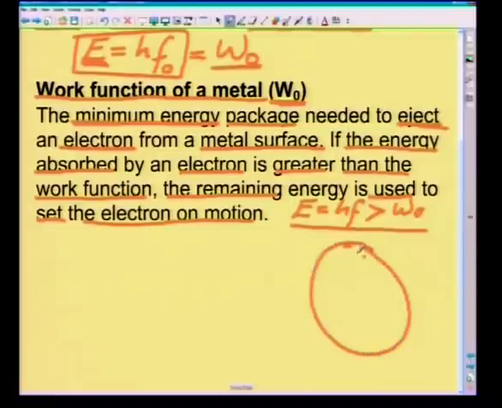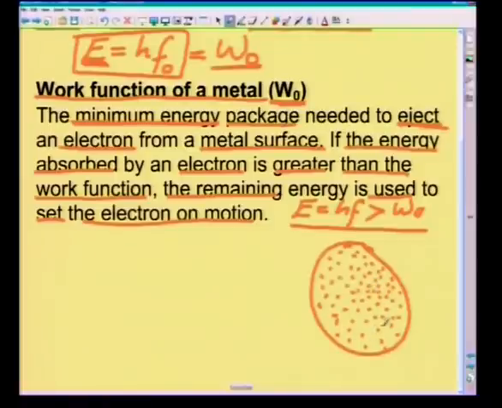Say this is a metal surface with electrons moving all over the show, because electrons are free to move, and then protons are stationary in there, so the electrons are moving all around these protons, which form the nucleus of the atoms around here.